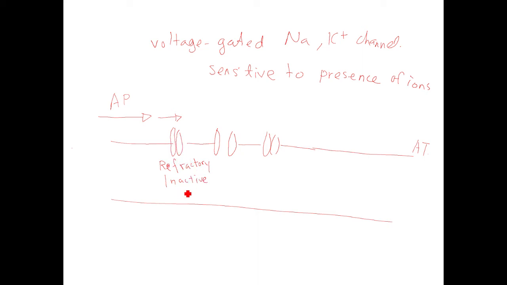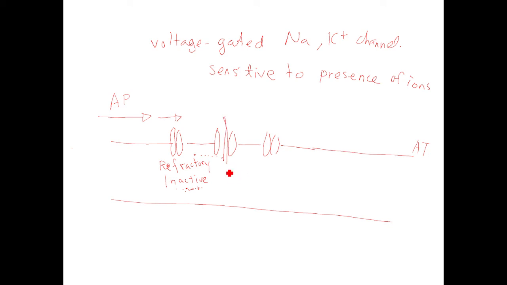So the sodium ions that are inside now will diffuse and stimulate the adjacent sodium channels to open, and this will cause more sodium ions to rush into the axon.